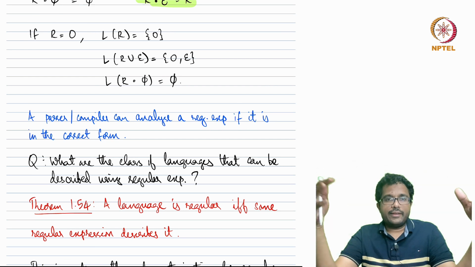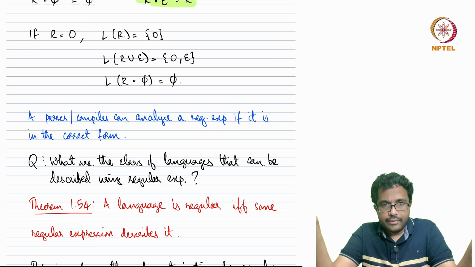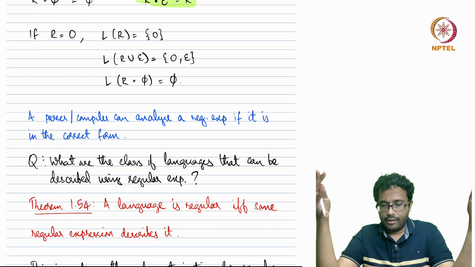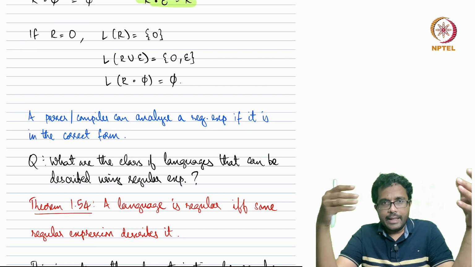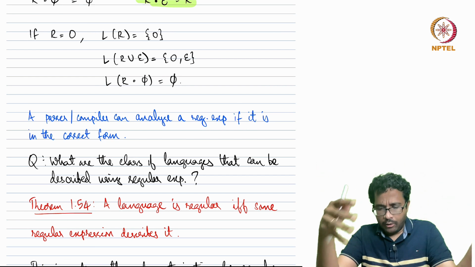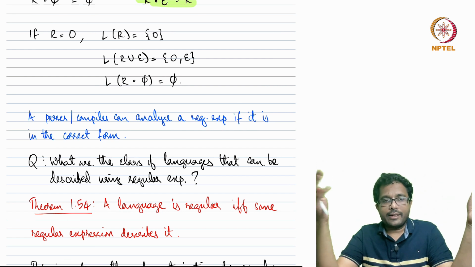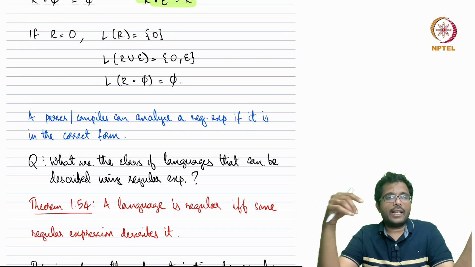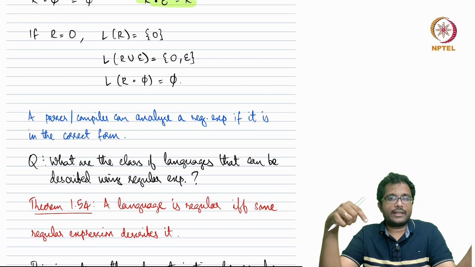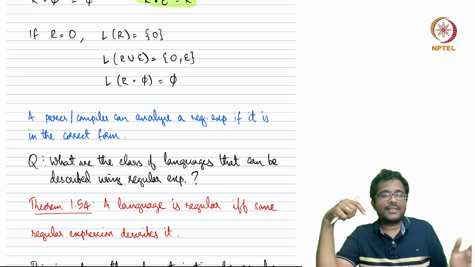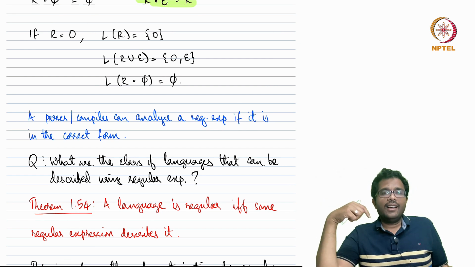A regular expression is basically some building blocks that you combine using regular operations. The name itself indicates why we call them regular expressions. It would be quite confusing if the class of languages that can be described using regular expressions were something different from the class of regular languages.